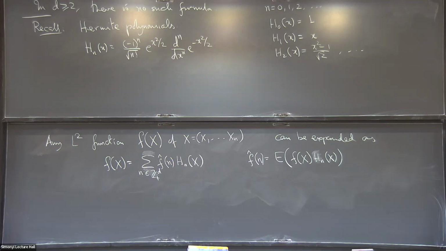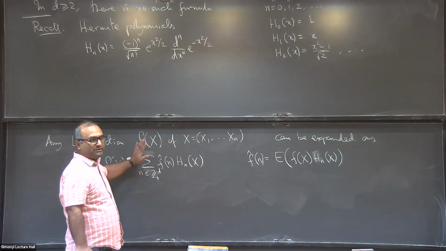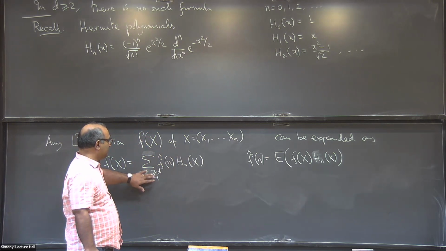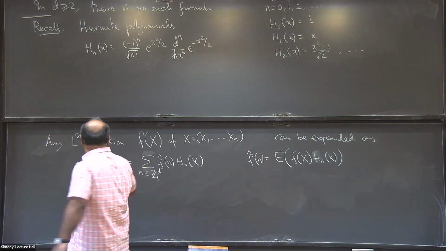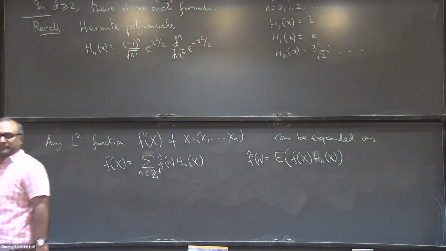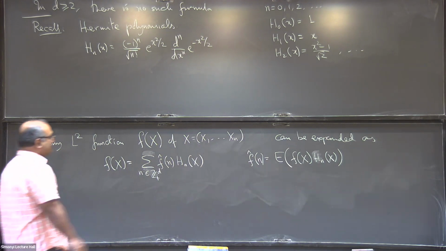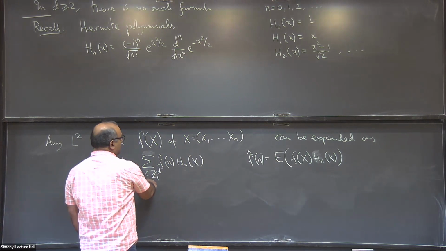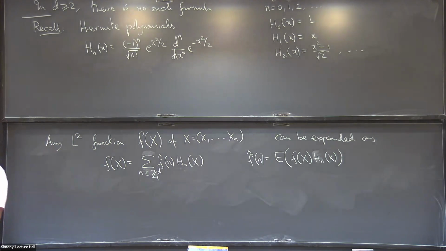These can be represented in this infinite series sum, where again this side is converging in L2 to the limit, and the order of summation is irrelevant, and these Fourier coefficients are given by just that. And now x is a d-dimensional vector. And these are multivariate Hermite polynomials. The indices are d-tuples of non-negative integers, and each polynomial is a product of d univariate polynomials applied one to each coordinate. Questions about this?